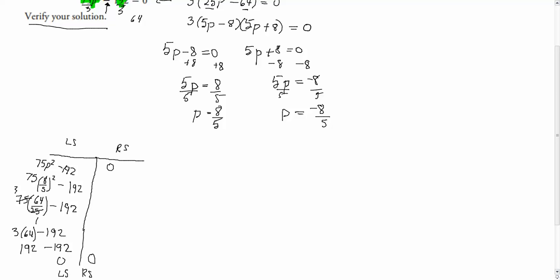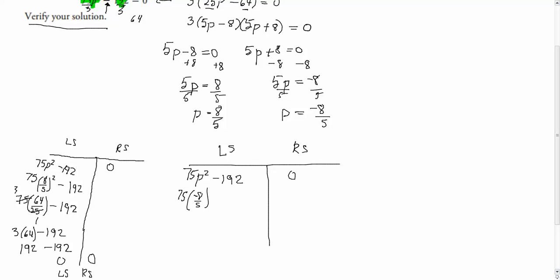Let's use the other root, negative 8 over 5, and hopefully we'll see very quickly that we're going to end up with exactly the same situation. So our right side is 0. We have 75p squared minus 192. We substitute in our solution for p.